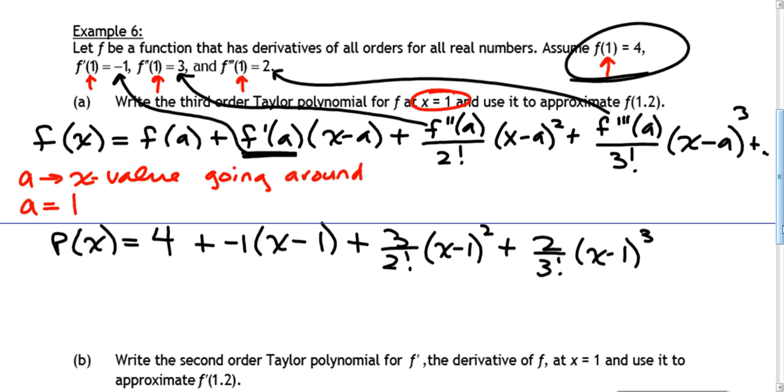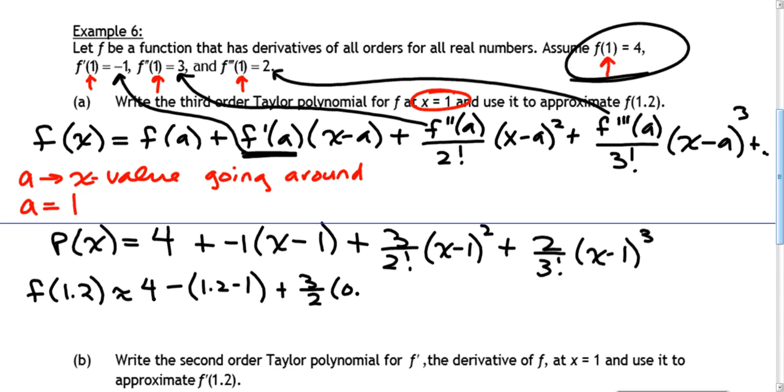So the next thing it wants me to do is approximate f of 1.2. So f of 1.2 is going to be approximately 4 minus 1.2 minus 1, which is 0.2, plus 3 over 2 factorial times 0.2 squared, plus 2 over 3 factorial, which is really just 1/3, times 0.2 cubed.